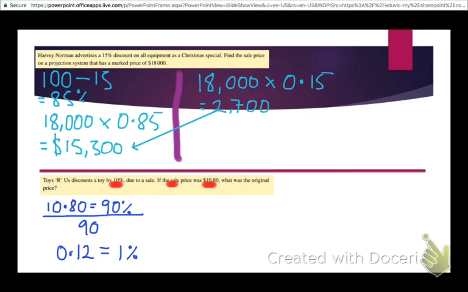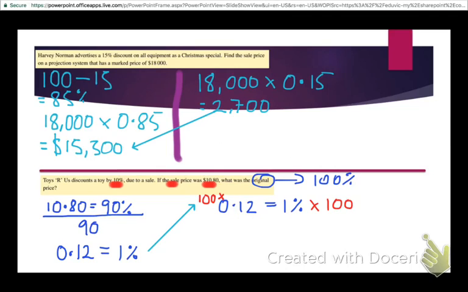Now with that, we can just go up here and go, right, if 0.12 or 12 cents is equal to 1%, and I want to find the original price, so the original price is equal to 100%. Then what I'm going to do is multiply both sides by 100, do the same to both sides.